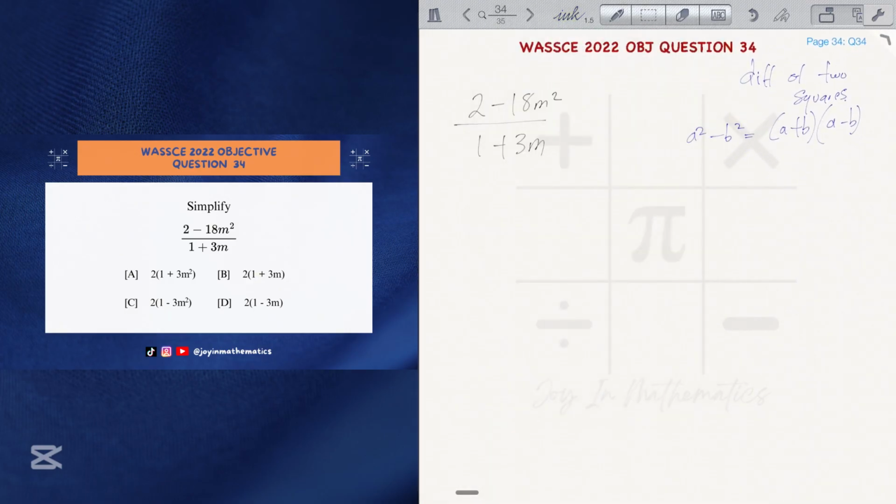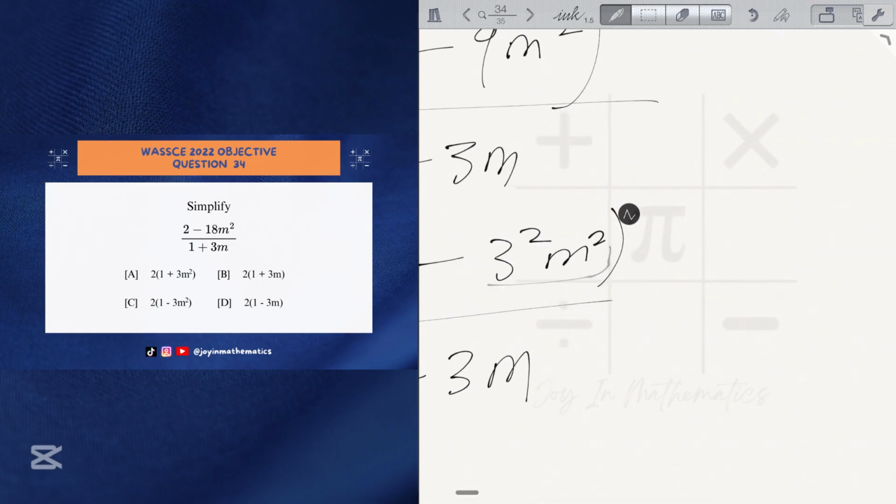If we look closely at 2 minus 18m squared, we can factorize with 2 and we'll have 2 multiplied by 1 minus 9m squared, divided by 1 plus 3m. Now it's getting clearer because we can say 9 is 3 squared. So this will be equal to 1 minus 3 squared m squared divided by 1 plus 3m. For 3 squared m squared, we apply the law of indices.